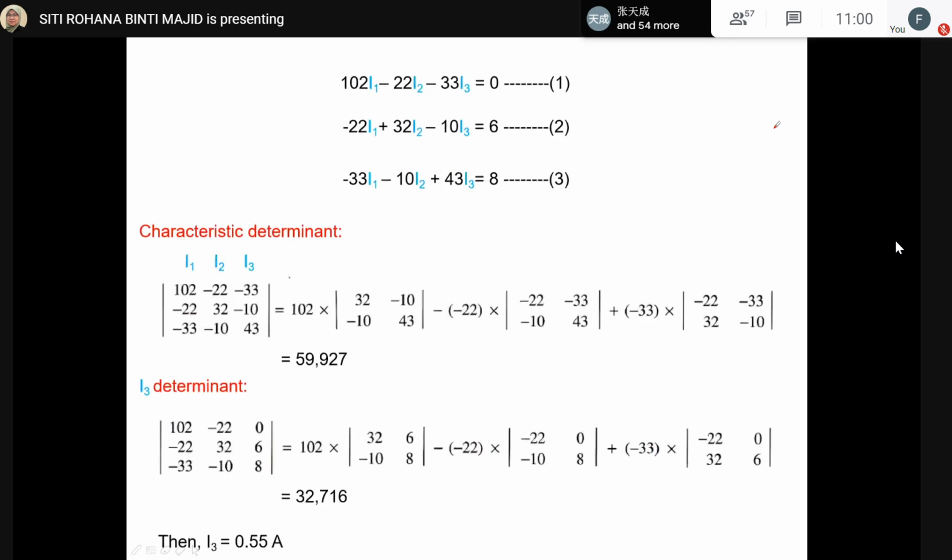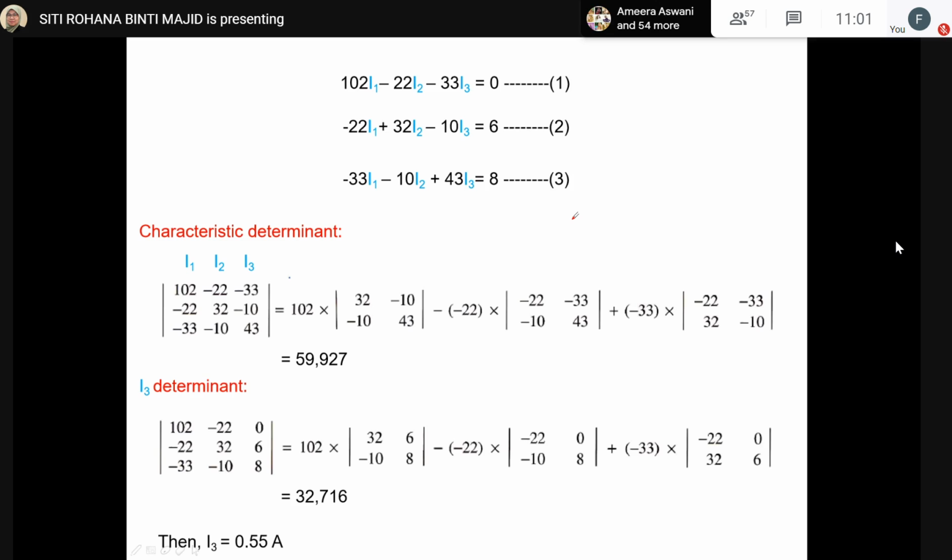For example, here, even though you succeed in writing the loop equations, maybe you will take a longer time when you want to solve them one by one. But I know you can calculate this using a calculator. And finally you get the answer, right?